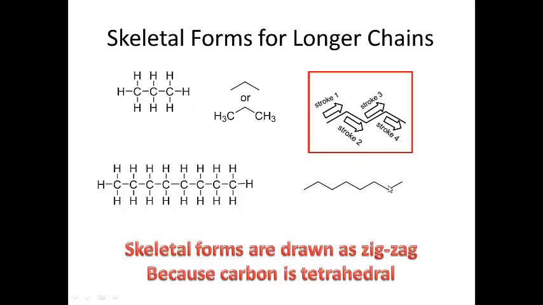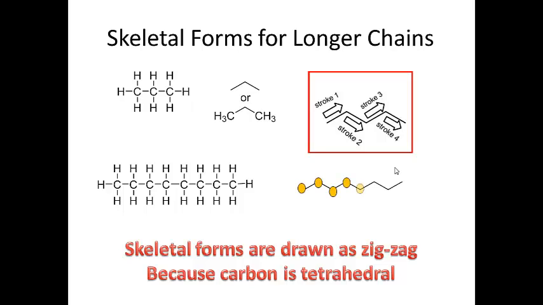So if I'm drawing 8 carbons, it's always one less pencil stroke, right? So this is 7 strokes. One here, here, here, here, here, here, and here. Right? That's just 7 strokes to give you an 8 carbon chain. It must be in a zigzag because otherwise you're basically disobeying the rules for the geometry of carbon.